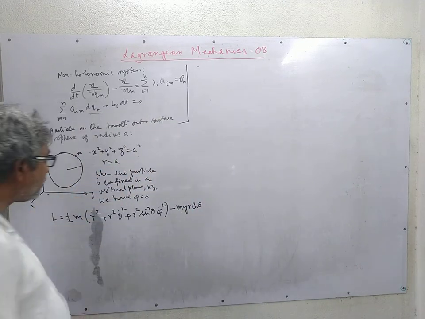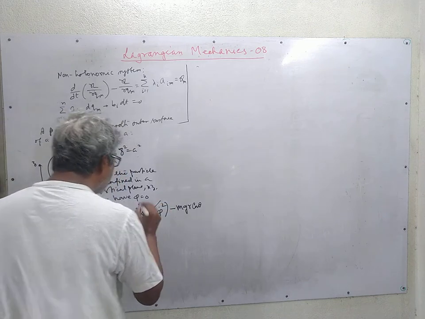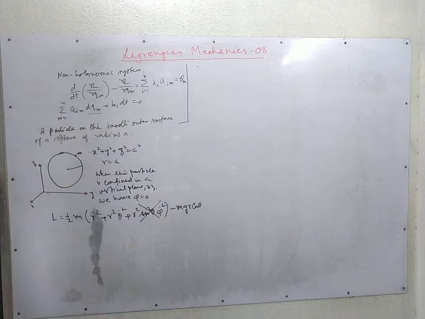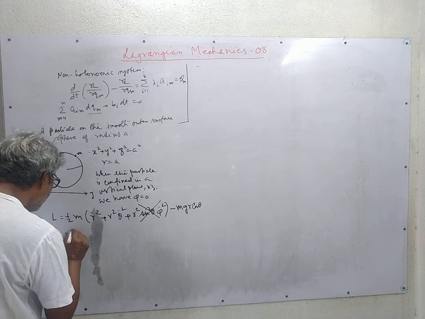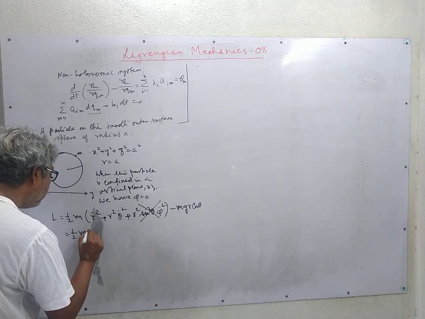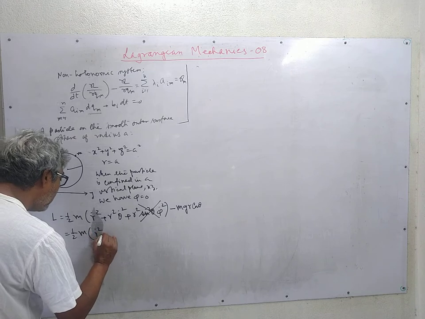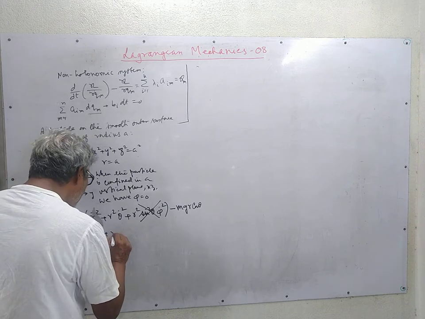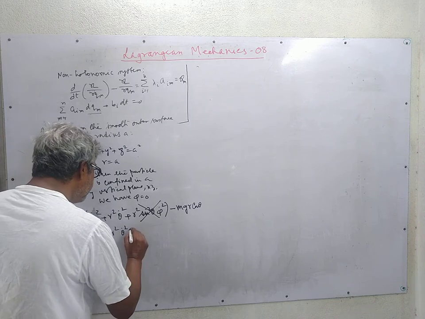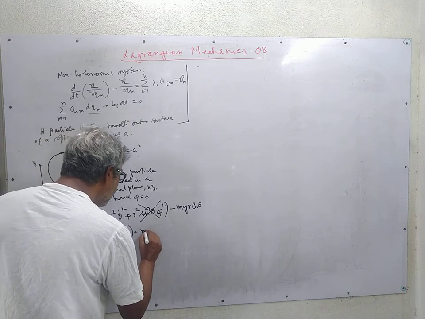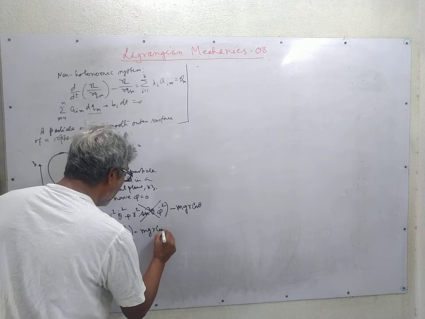Because the particle remains in the phi equal to 0 plane, the phi term is not there, and the Lagrangian simplifies to half m r dot square plus r square theta dot square, minus mgr cos theta.